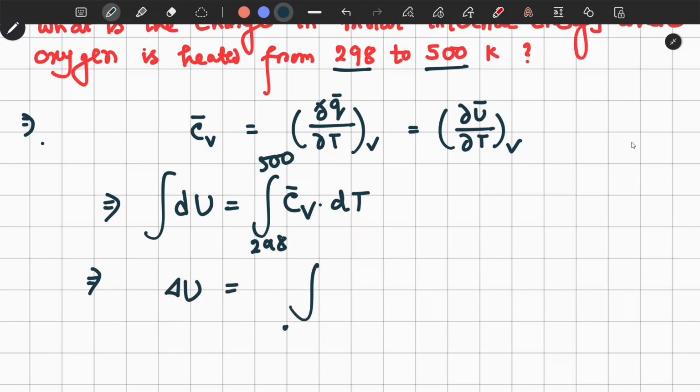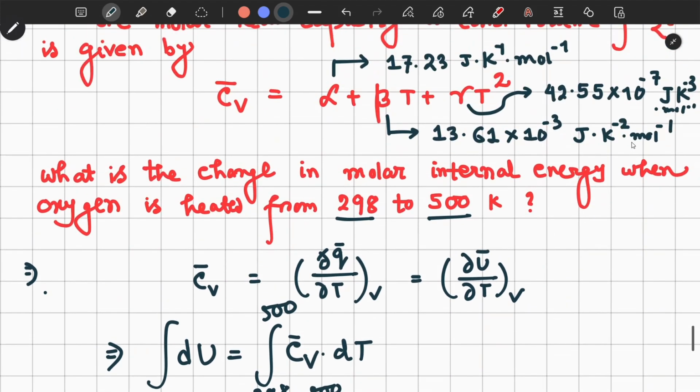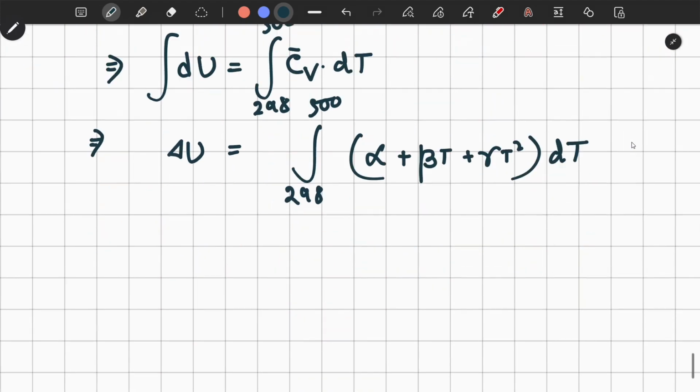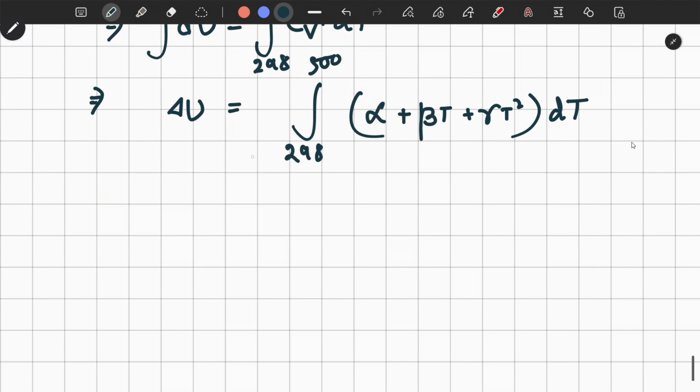So it will be the integral from 298 to 500 of alpha plus beta T plus gamma T square dT. So it is alpha times delta T plus beta T square by 2, correct?